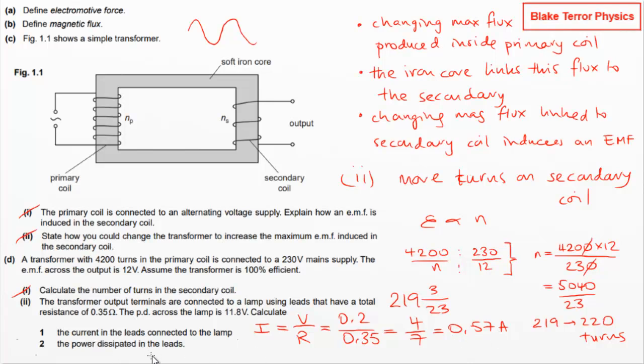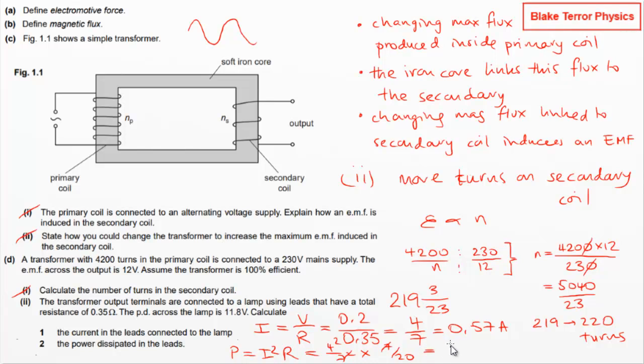And the power dissipated in the leads. So the power is I squared R. So that is going to be 4 squared over 7 squared multiplied by 35 over 100, which is 7/20. So we can cancel a couple of the 7s.